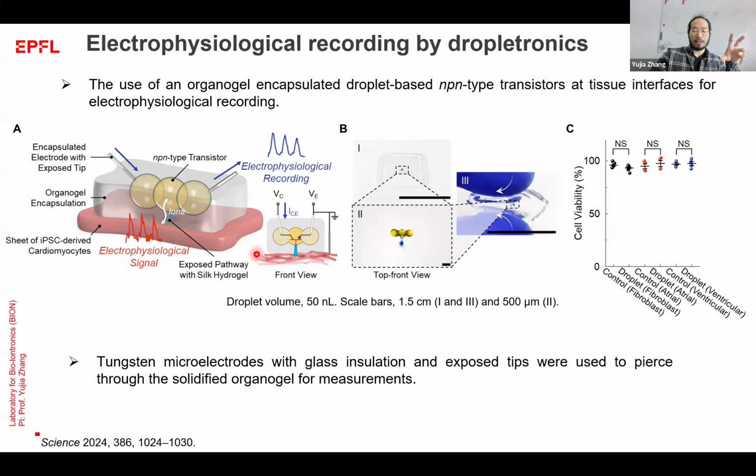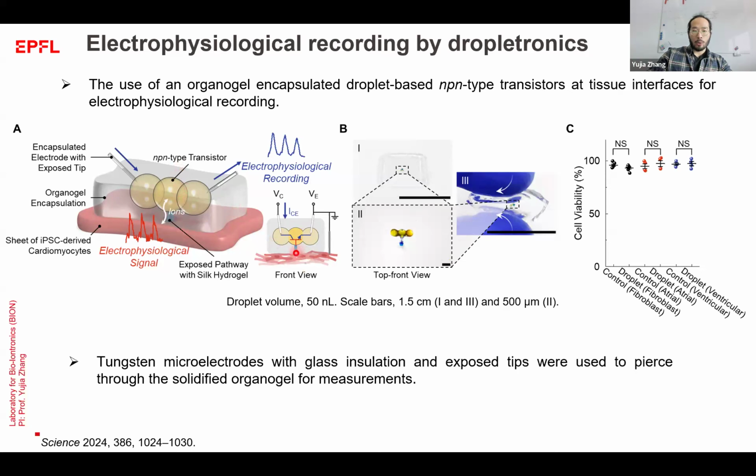They have human differentiated iPSC cardiomyocytes, and we culture them on top of the petri dish, and then we can use the transistor to sense the electrophysiology signals from those iPSC cardiomyocytes. The way to do that is first we need to encapsulate the Dropletronic transistor into an organogel, which protects against ion leakage from the droplets into the aqueous buffer later on.